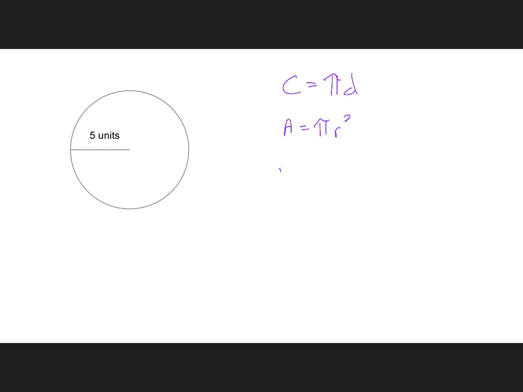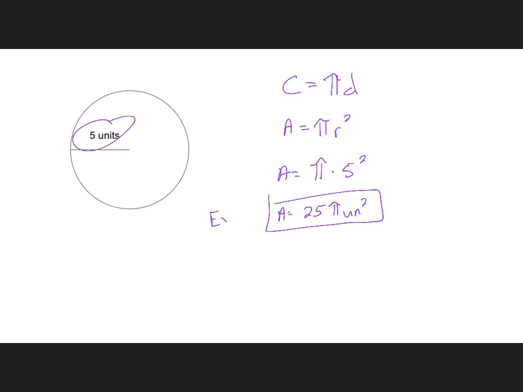So in this case, I have A is equal to pi times my radius, which is 5 units, and it's going to be 5 squared. So my exact answer would be 5 squared, which is 25 pi units squared. The reason that is the exact answer is because our value for pi is an estimation.